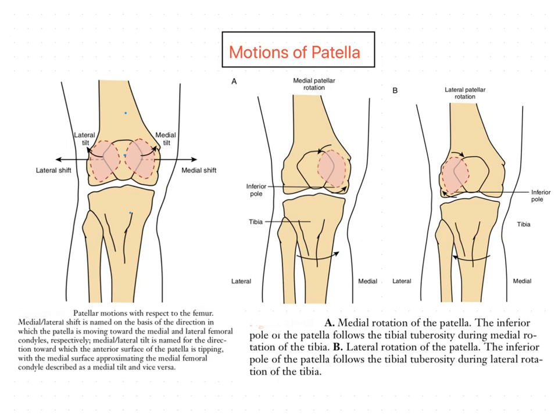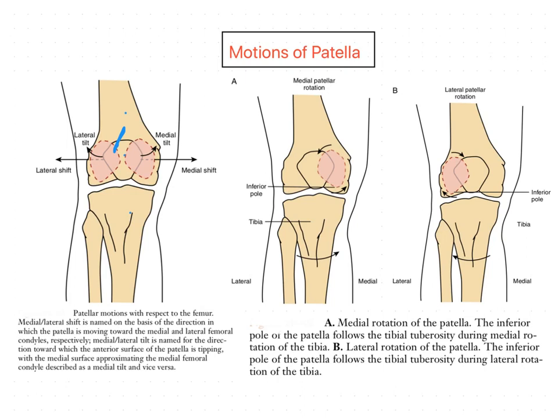As the contact between the patella and femur changes with knee joint motion, the patella simultaneously translates and rotates on the femoral condyles, and these movements are influenced by and reflect the patella's relationship to both the femur and tibia.